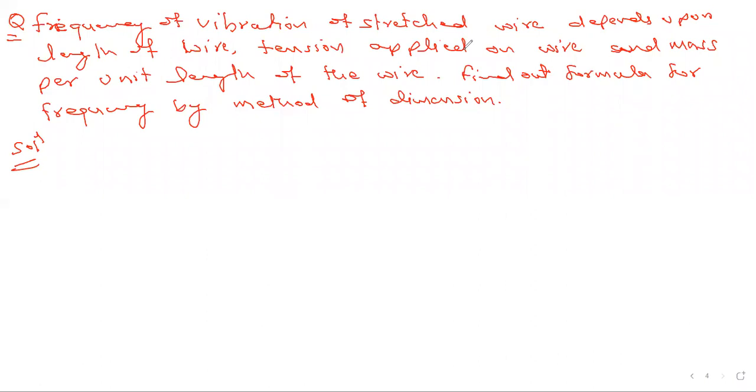The frequency of vibration in the stretched wire depends upon the length of the wire, and the tension applied on it. Tension means force, so dimension is M L T minus 2.